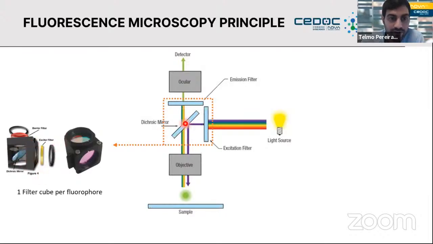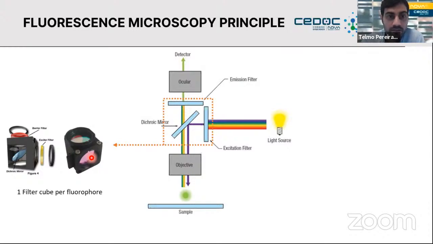They look exactly like this. Also, they usually are already built into your microscope. So you already have a certain filter cube for a certain fluorophore.